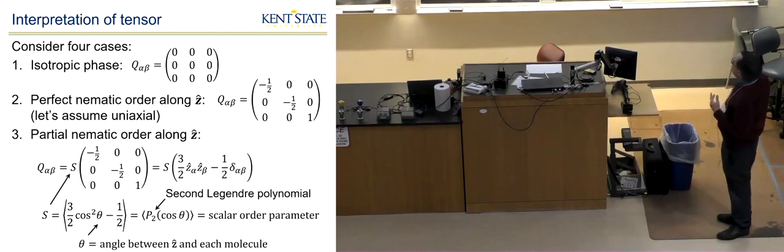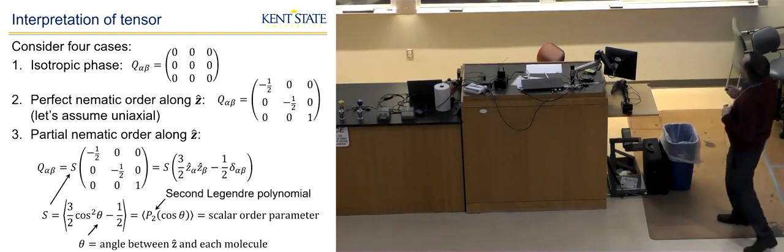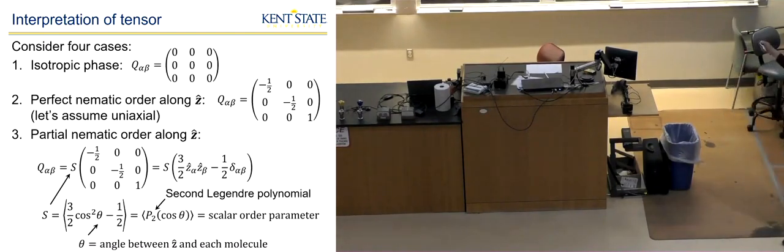Partial nematic order along Z. So suppose then you have some distribution of orientations. In that case, the Q tensor comes out like this, that is, it is closer to isotropic. It is closer to all zeros.